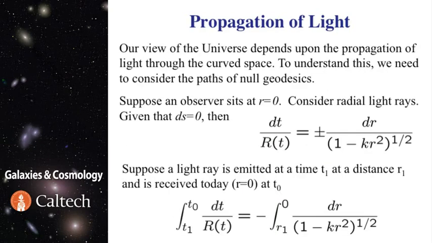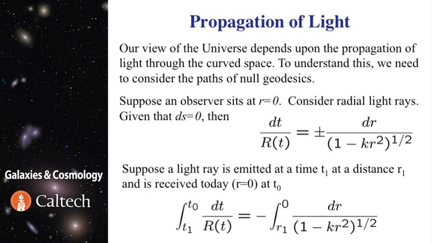Consider an observer at a radius of 0 and some radial light rays, and since they move along null geodesics, that means the spatial displacement is equal to the temporal displacement, and the following equation must apply according to the Robertson-Walker metric.